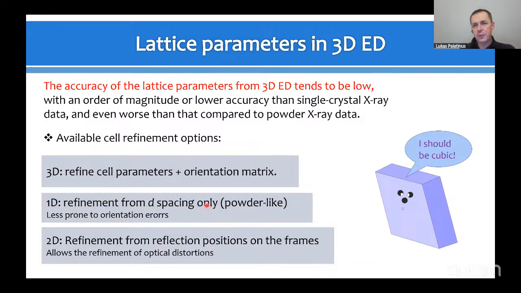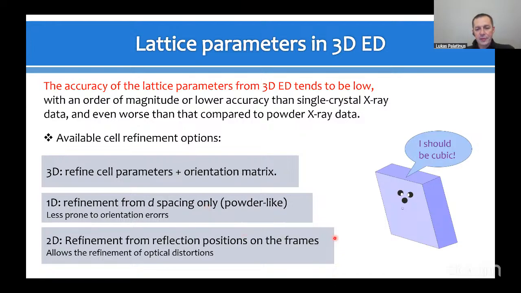If you are familiar with powder diffraction, then that's exactly the same principle as refinement from powder diffraction data. There only D spacings are known, and still the unit cell parameters can be refined. So here we can do the same thing, and this is less prone to some of the orientation errors, but not to the optical distortions.